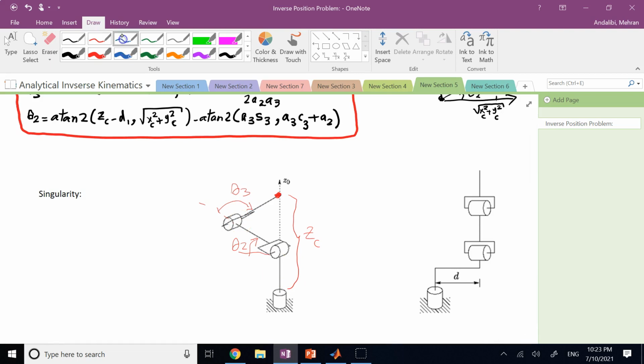This theta 1 here is going to be irrelevant. Why? Because I don't care about how I reach there, at what orientation of theta 1. I can reach it like this, or I can reach it like what? Like this one. I can reach it like this. The very same thing, but then this guy comes here.